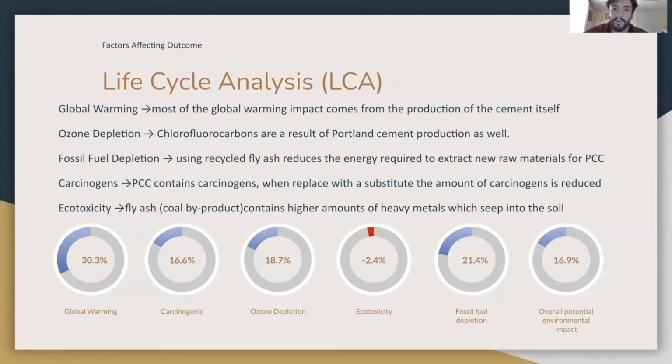And our last category is ecotoxicity, which is actually an increase of 2.4%. Ecotoxicity is essentially the measurement of how humans affect the microenvironment. The reason for the increase is because fly ash is a byproduct of the coal industry, which typically contains higher amounts of heavy metals. These metals tend to seep into the soil.